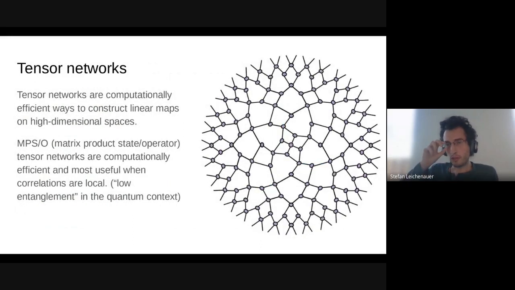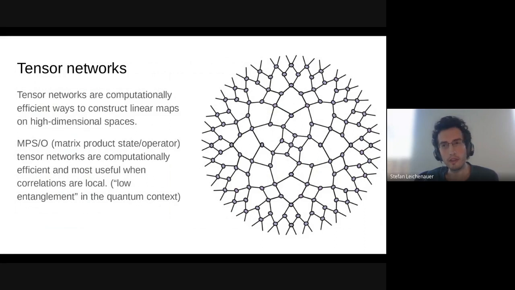Manipulating those kinds of spaces is done using tensor networks, which I've already mentioned. Tensor networks come from physics, and there are two reasons that one would use a tensor network. Number one is, as I've already mentioned, that it's computationally efficient. It's a good way to deal with the exponentially large vector spaces that one encounters in physics and, in the context of today's talk, in machine learning.